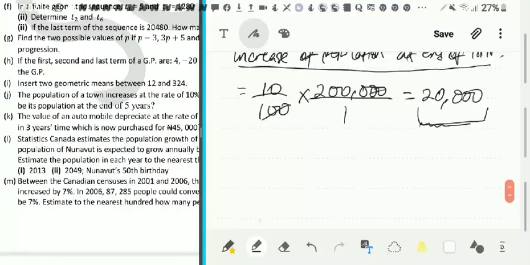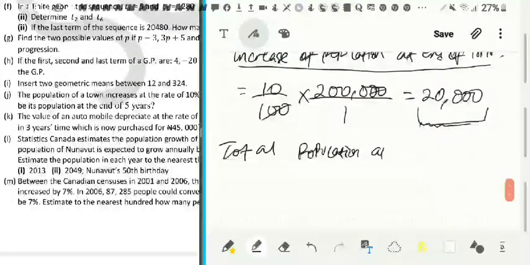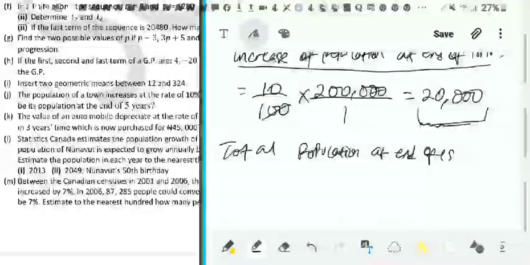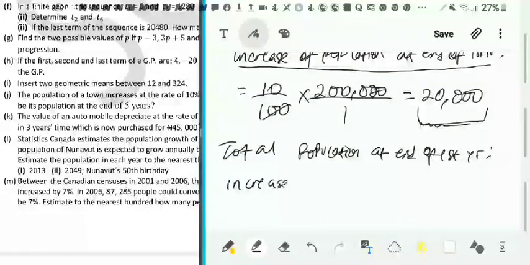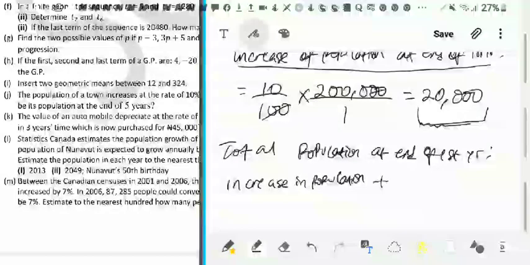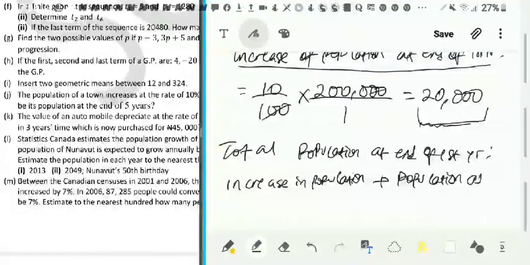So now, what is the total population at the end of the first year? Total population at the end of first year is equal to the increase in population plus the population at the start of the year.